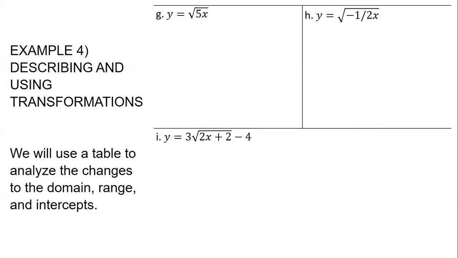Now we're down to our b variable. Our b is our horizontal compression or our stretch. So for b, here we have b equals 5. What does it mean if b equals 5? It's a horizontal compression.